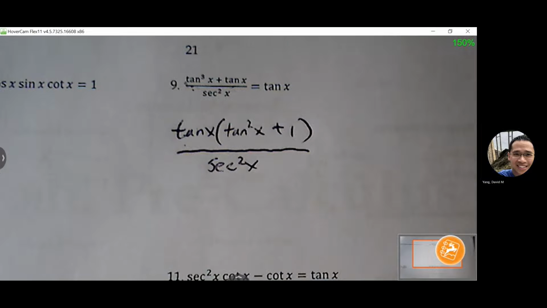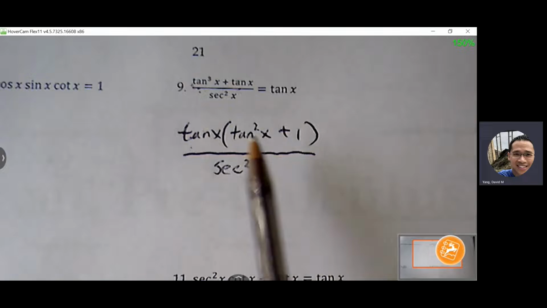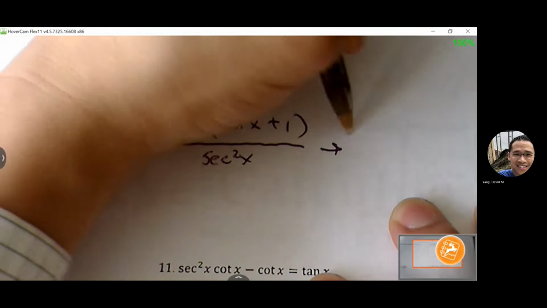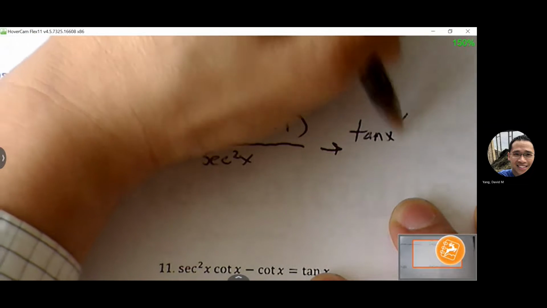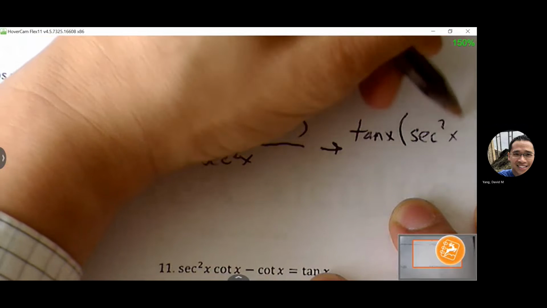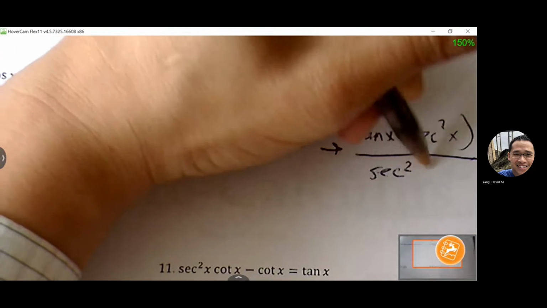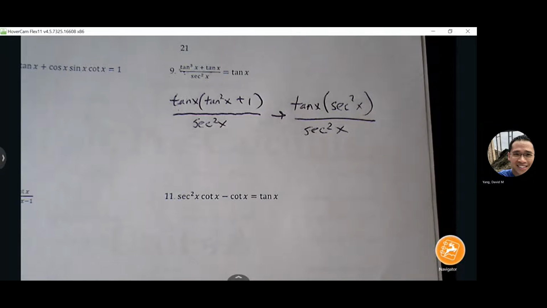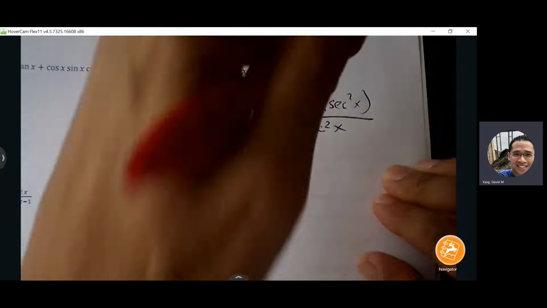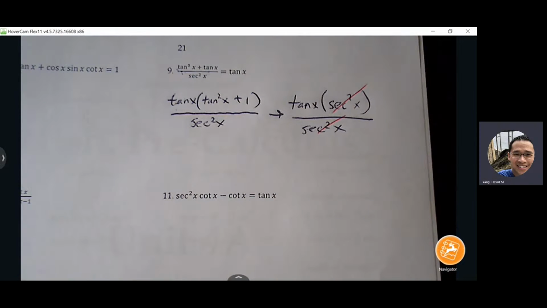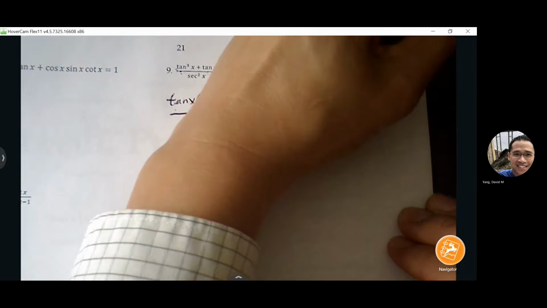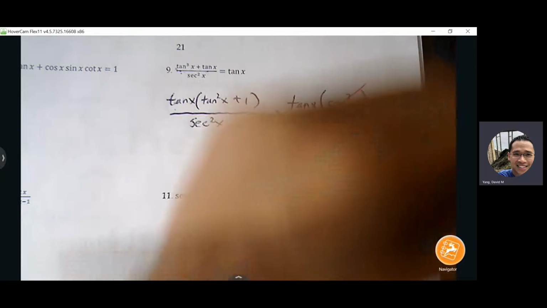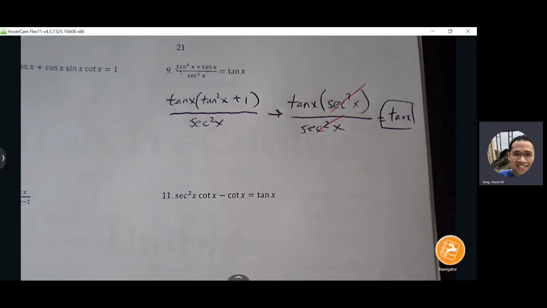Secant squared x. Tangent squared of x plus 1 is secant squared x. Okay, and then are we almost there? Yeah. There's our answer, tangent x. Yep, cancel out.